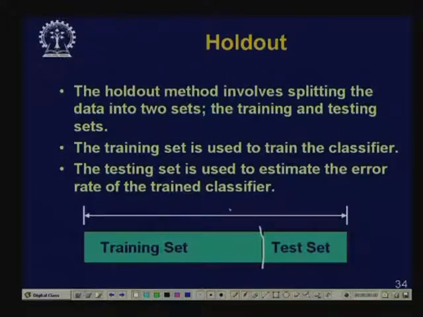On the basis of the training set, you train your classifier and then you measure the accuracy with the test set. So, the holdout method advocates splitting the available data into two sets. The training set is used to train the classifier. After the classifier is trained, the testing set is used to estimate the error of the classifier.